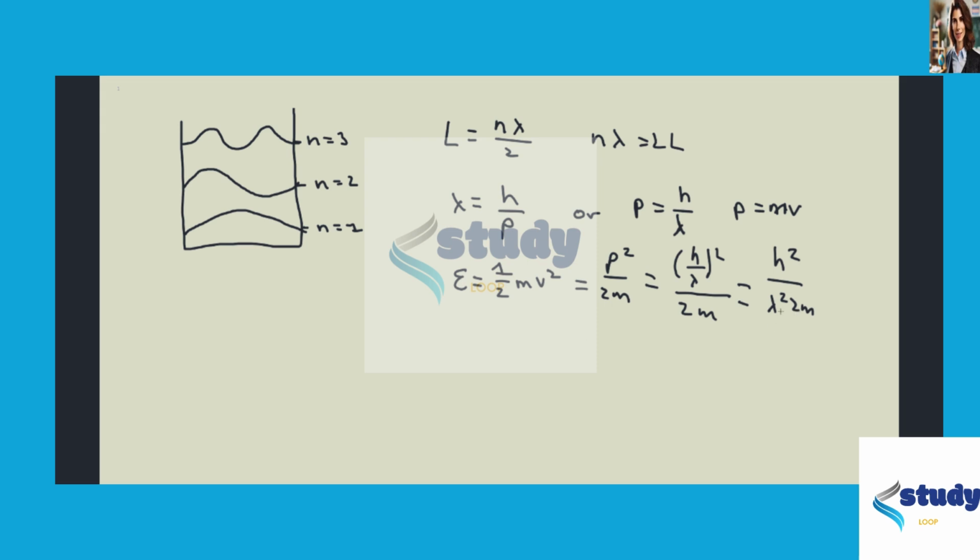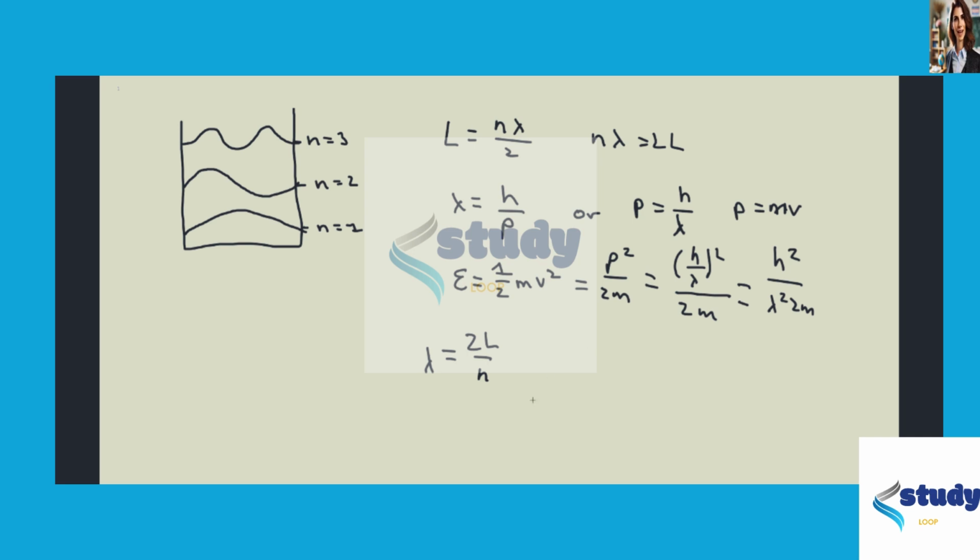Now we know lambda is equal to 2L over n. So if we plug that back in, 2 squared is 4, that makes sense.